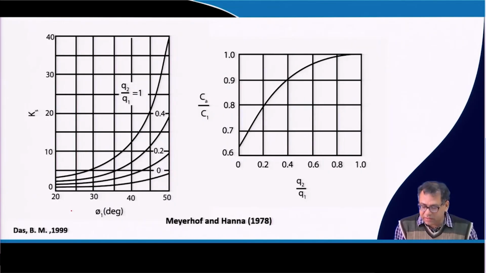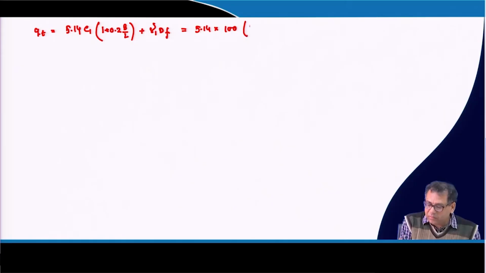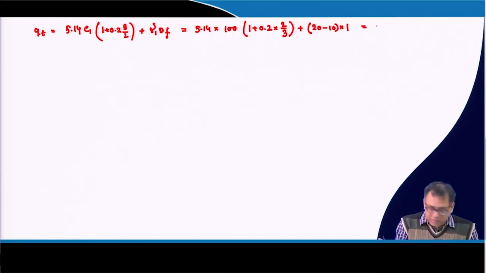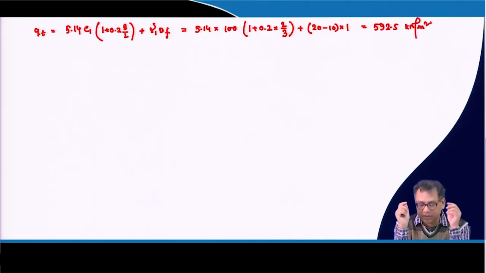So, C2 is 40, C1 is 100, and then 1 plus 0.2 into 2 by 3 plus, again it is at the ground surface, so df is equal to 1. So, this is 592.5 kilonewton per meter square. Your bearing capacity of this layer soil cannot be more than 592.5 kilonewton per meter square. It has to be less than that. Let us see whether it is coming less than that or not.